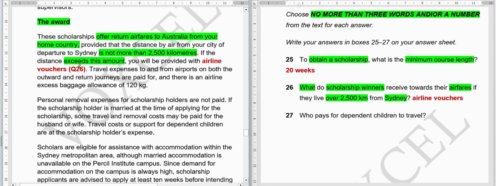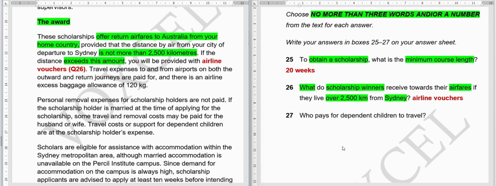But if the distance exceeds this amount, which just means over 2500 kilometer, you will not get return airfares, you will just get airline vouchers. I hope it is clear. Moving on to the last question of this section.